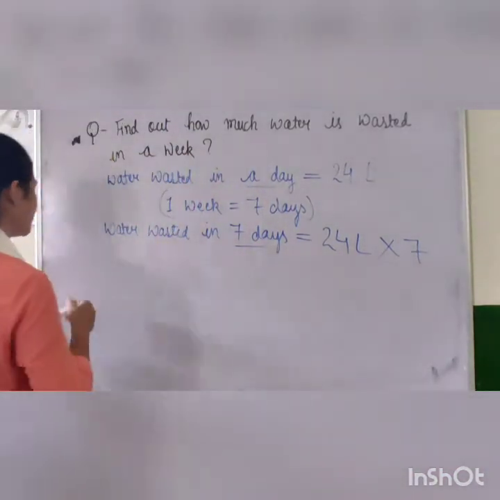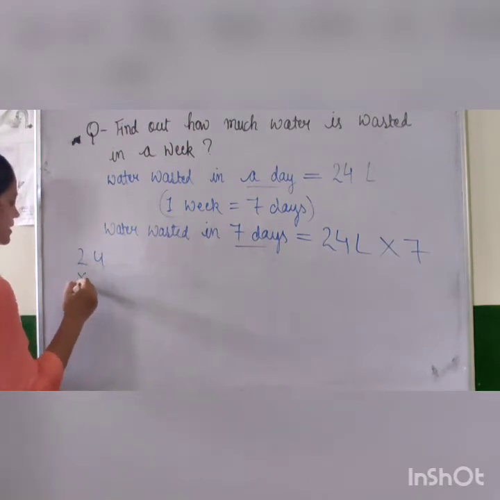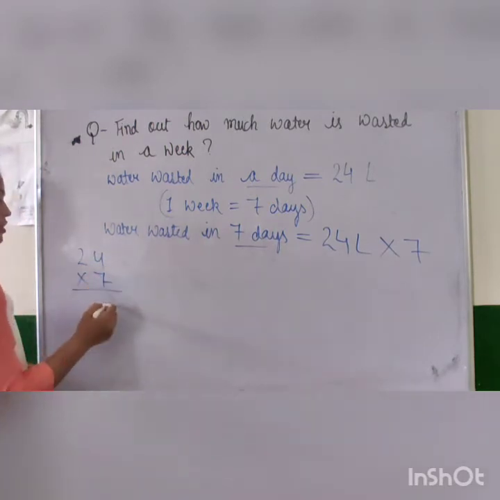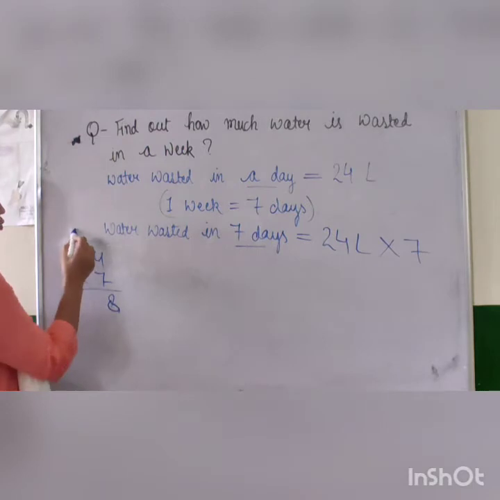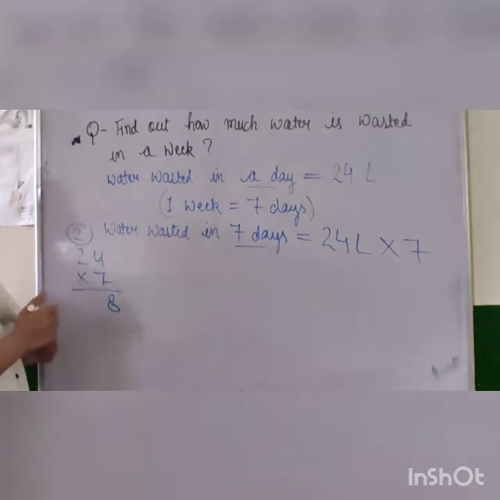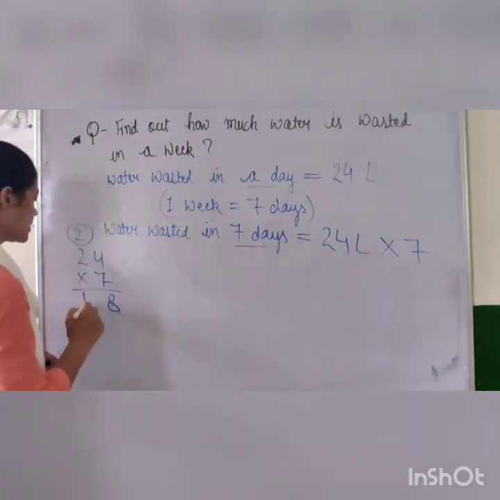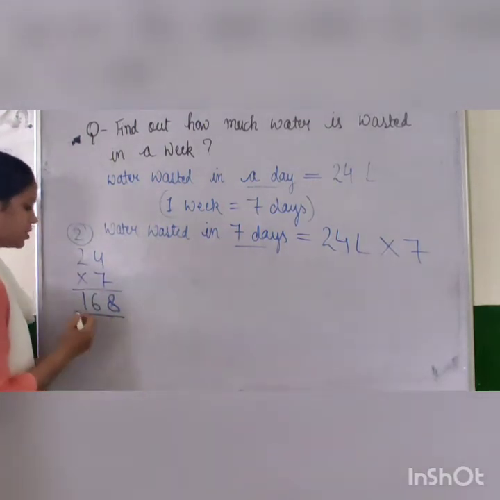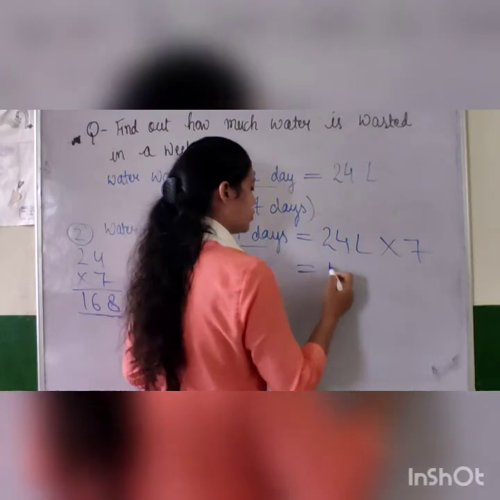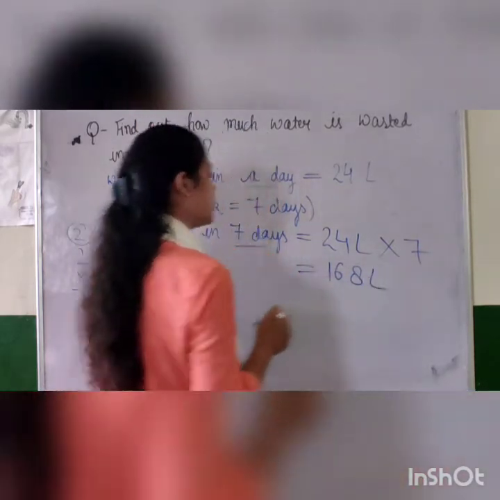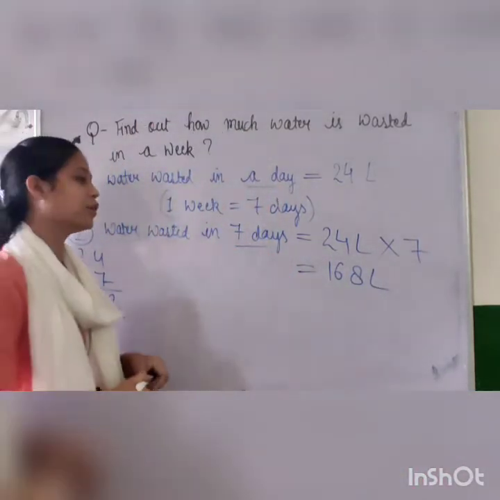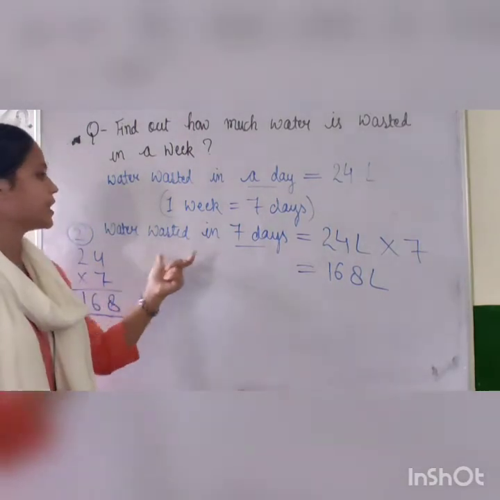So let's multiply it here. 24 multiplied by 7. 7 into 4 is 28, 2 will be in carry. 7 into 2 is 14, we have to add 2, so 16. It means 168 liters.